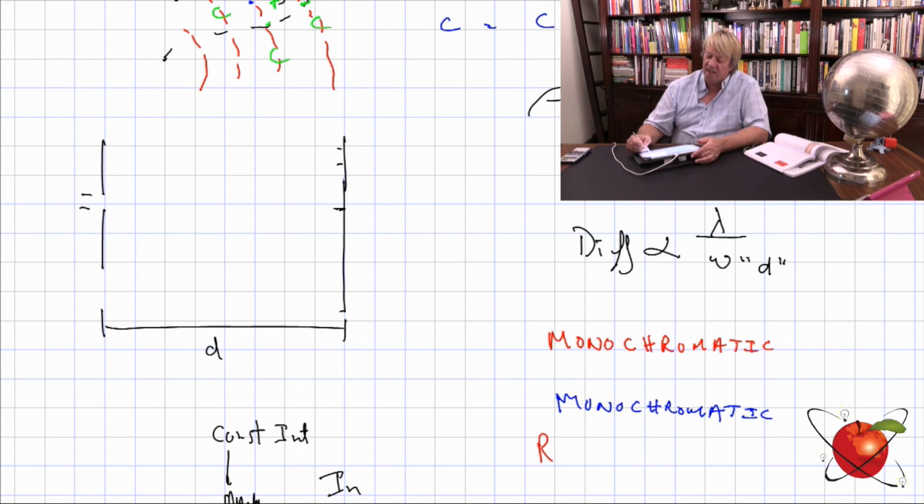So red has got a wavelength which is different to blue, okay? I don't have the wavelengths with me, but if you look them up, you will see that they are different. What I'll do is put that into one of the exercises that we're going to do, where we put in the different wavelengths. And we're actually going to derive a formula that tells us how far these things split apart, right? Because some textbooks do it and some don't. So we're going to derive a formula. We're going to show that they diffract differently.